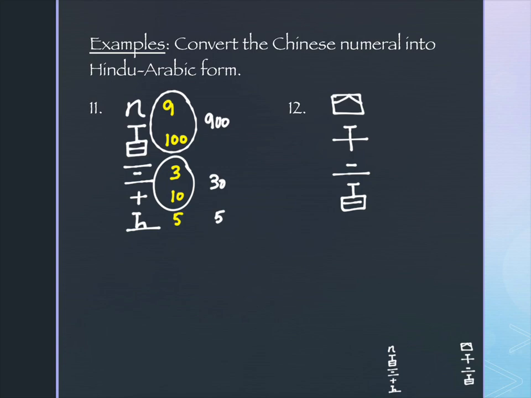It's just that it has to be positioned beside the 100 or the 1,000 or the 10. And then we're going to add the values together. So we have 935 as our final answer. So far, so good?